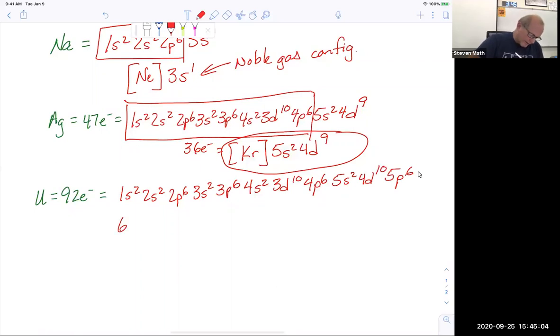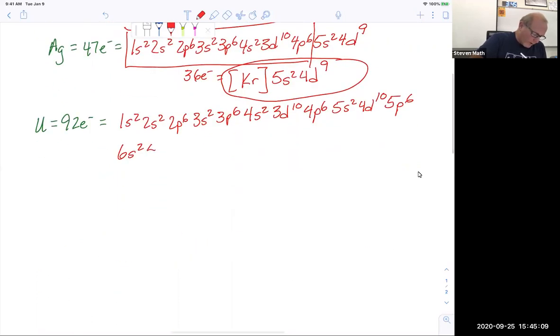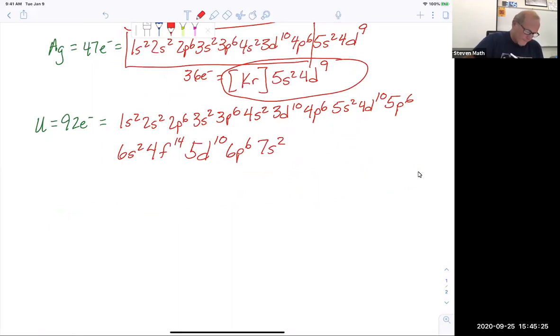Rearrange in the next line, 6s2, excuse me, 4f14, 5d10, 6p6, 7s2, 5f1, 2, 3, 4. That's a full electron configuration. That's 92 electrons right there.